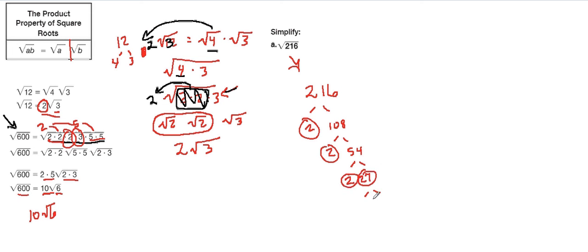Now I have to start breaking 27 into 9 and 3, 3 and 3. Put it in order under a radical, because remember it was a square root. It should only have 3 2's, and then 2 3's.